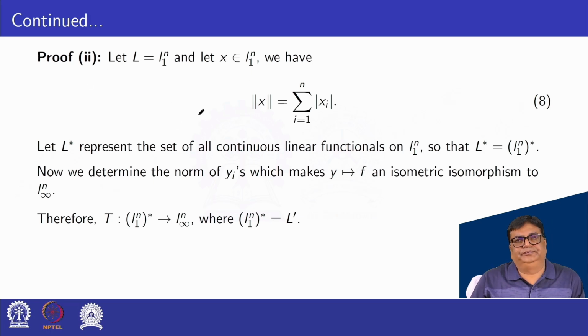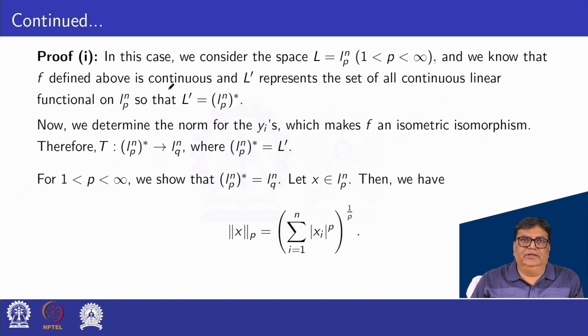Second, if L is L1n and let x belonging to L1n, we have norm x is equal to summation i equals 1 to n mod xi. Here we know that the norm p is defined as norm x equal to summation mod xi power p whole power 1 by p. So p is 1 here.